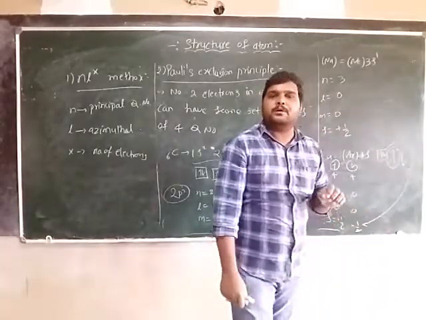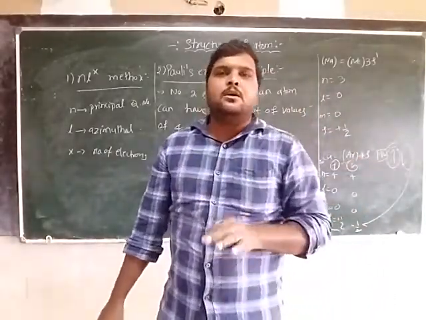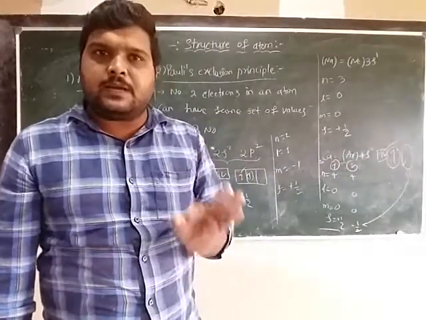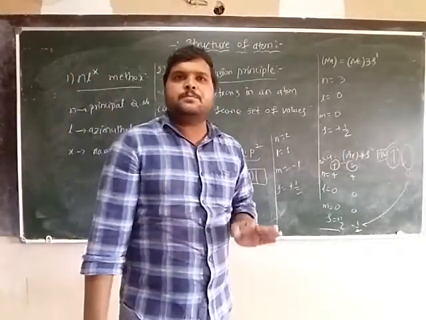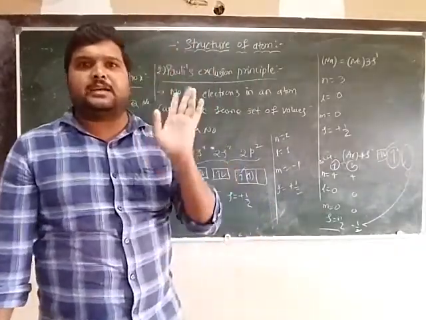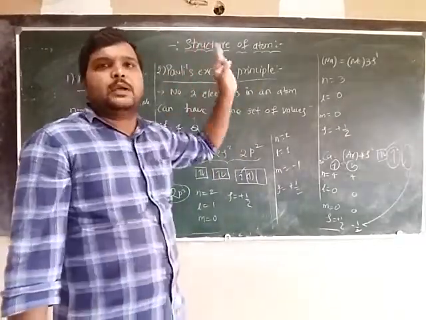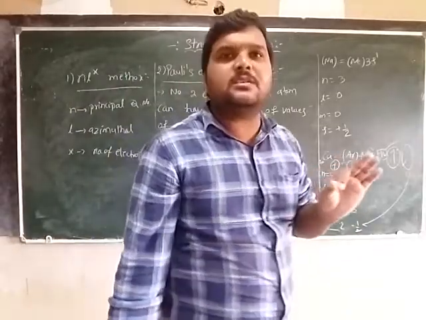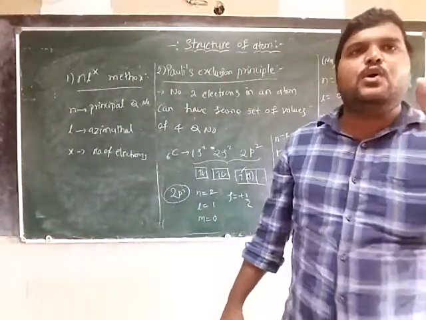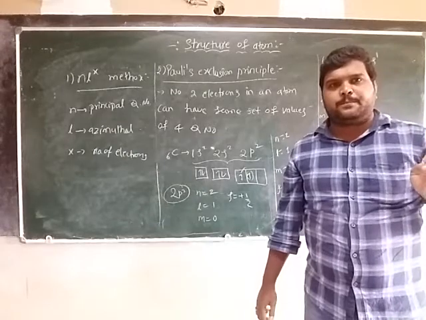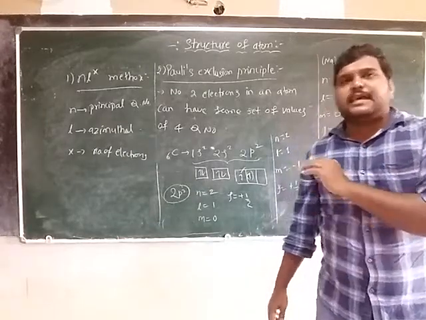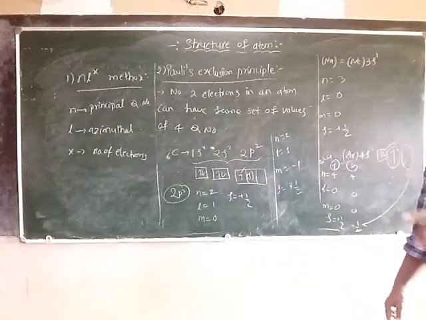So Pauli's exclusion principle proves that one orbital can accommodate a maximum of 2 electrons. What is Pauli's exclusion principle? No 2 electrons in an atom can have the same set of values of 4 quantum numbers.